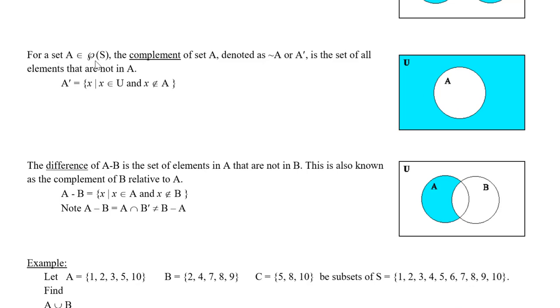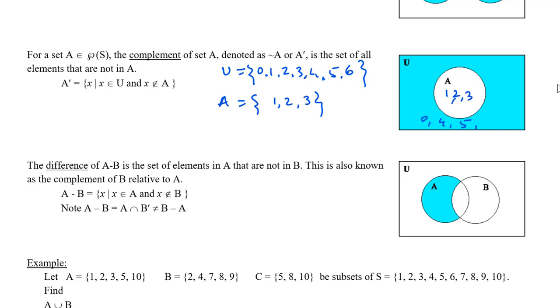For a set A, the complement of A, which you write with a squiggly line before A or as A with a prime, is the set of elements that are not in A, everything else but A. For example, if U is 0, 1, 2, 3, 4, 5, 6 and A is 1, 2, 3, then here are 1, 2, 3, and here will be 0, 4, 5, 6.